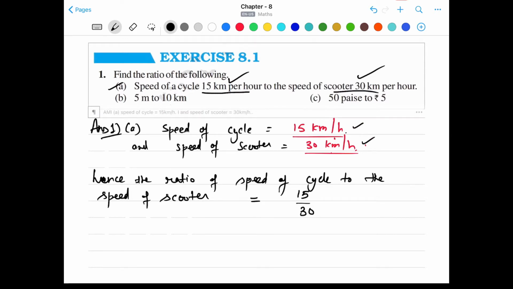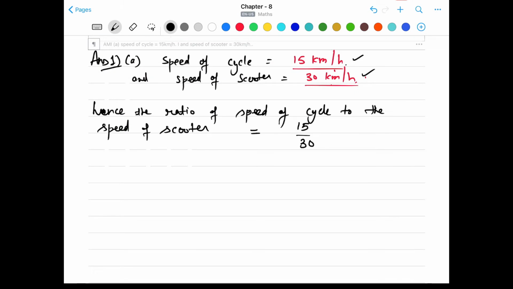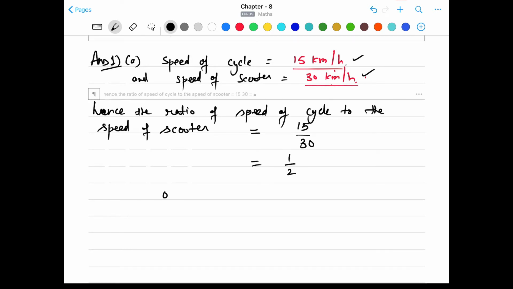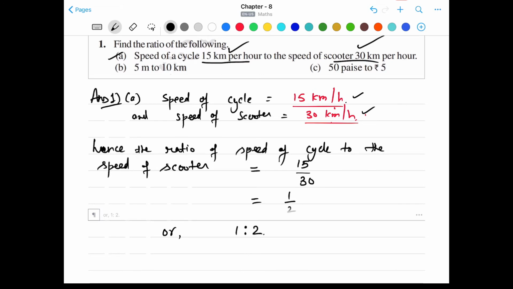What remains here is only the values. You have to remember that a ratio does not have any unit. So when you divide, you will get 1 by 2, or this 1 by 2 can be written as 1:2. So that's the answer of part A: the ratio of the speed of cycle to the speed of scooter is 1:2.